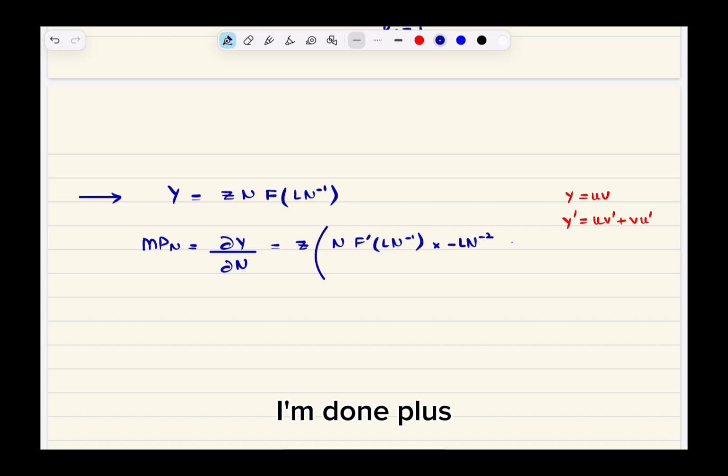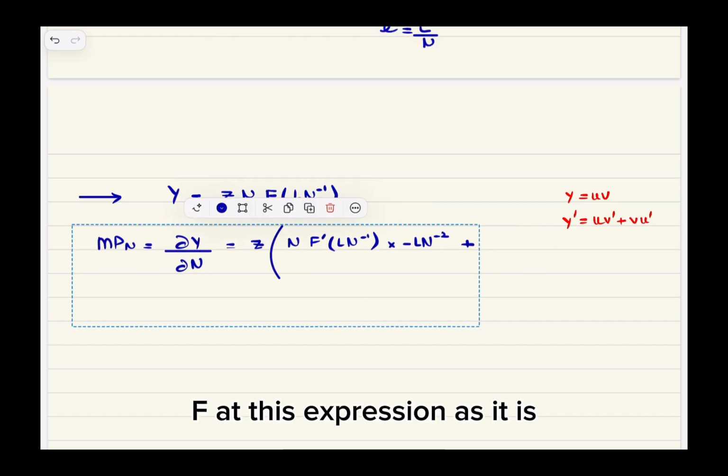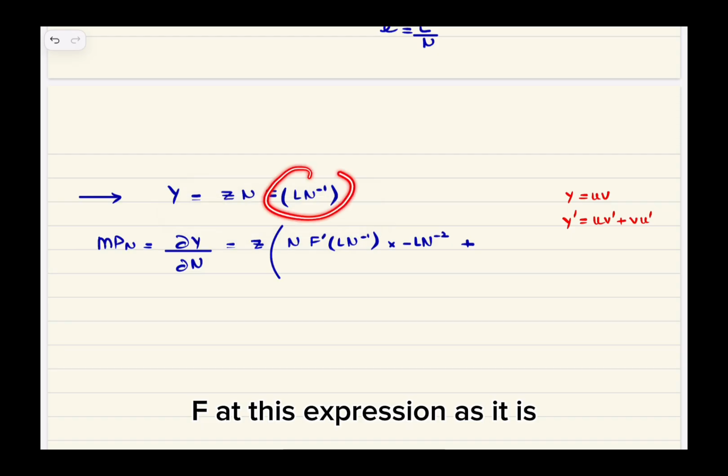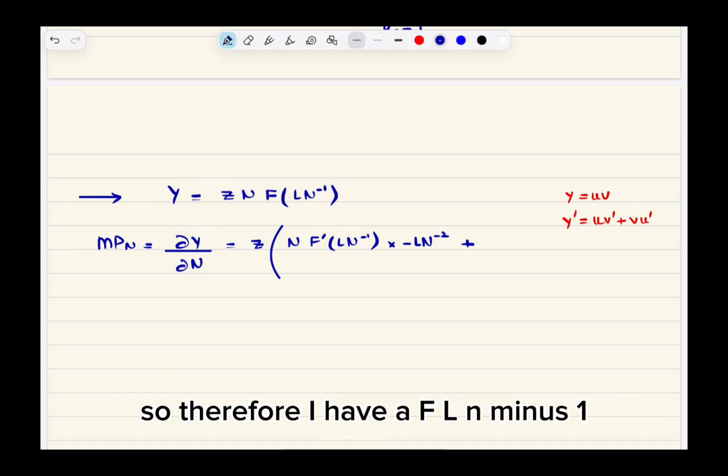Plus f of this expression as it is, and the derivative of N with respect to N is just 1. So I have f of L N to the power minus 1.